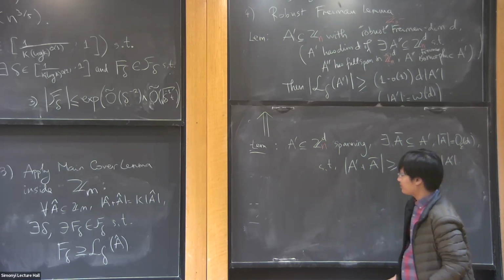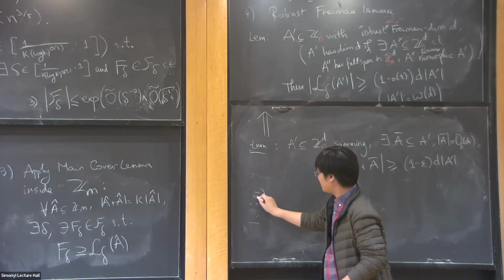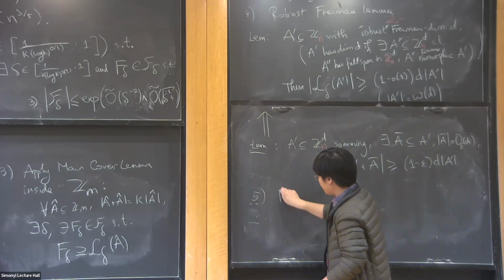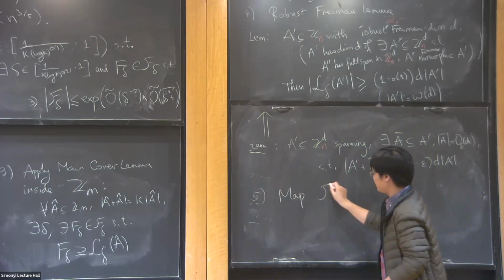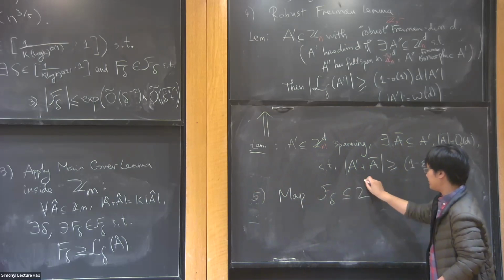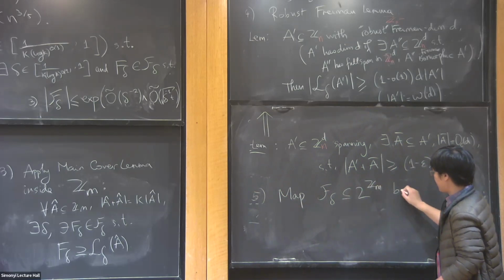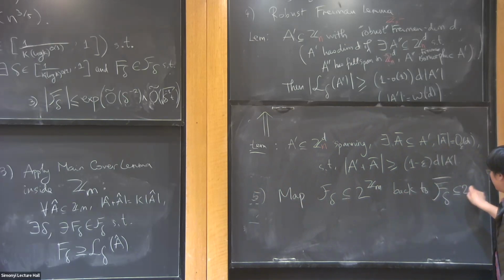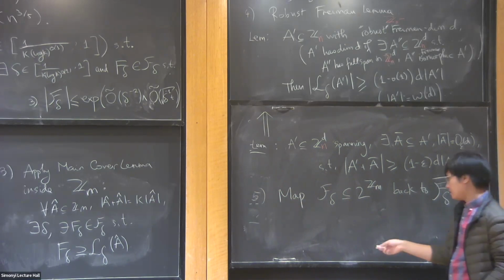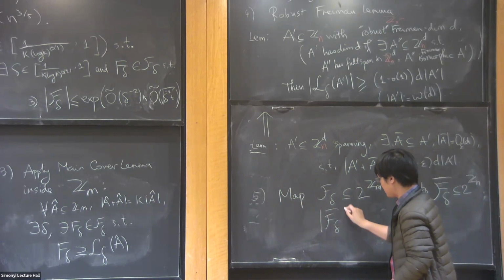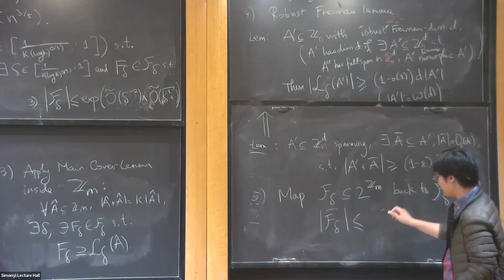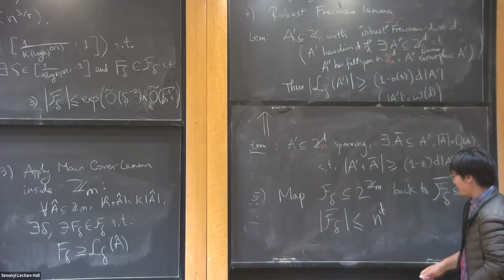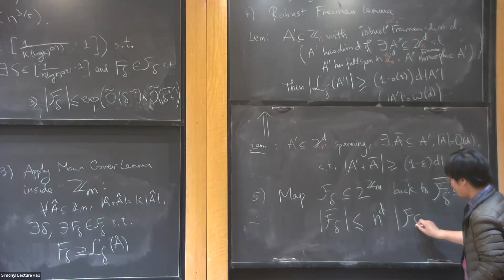So I'll just conclude by saying that once you have step 4, when we have the robust additive combinatorial input, then we can indeed map this collection F delta inside Z mod MZ back to some other collection F bar delta inside Z mod NZ, and the size of the collection F bar delta will be at most roughly the correct power, we have an additional parameter d, n to the d times the size of the collection F delta.